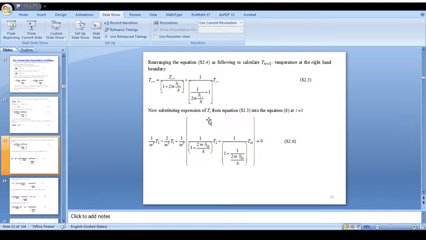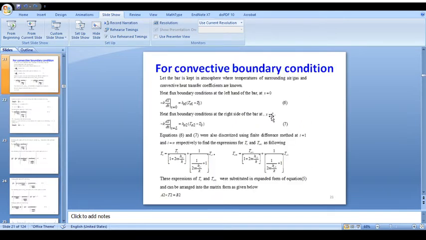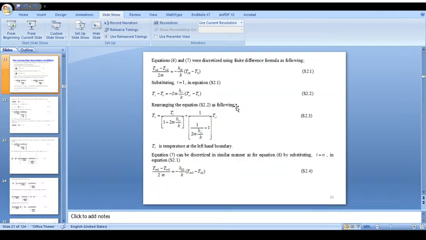Now we have the expression for T0 from 2.3. We can substitute it here into equation 6, this one. So we have this equation finally. This is equation 7.